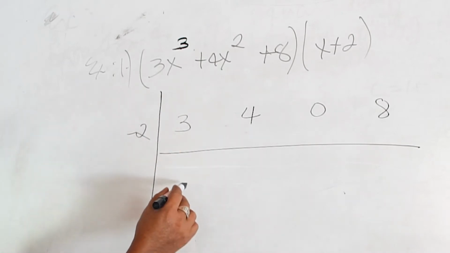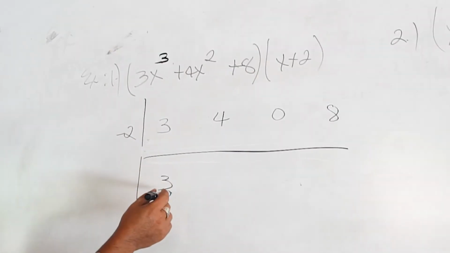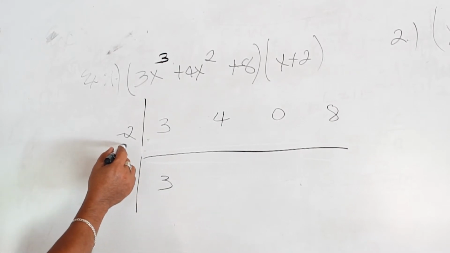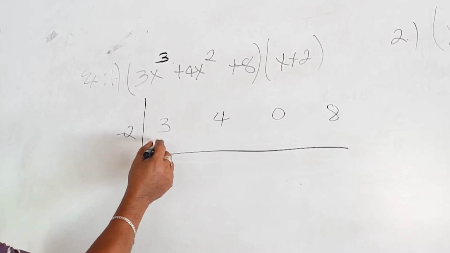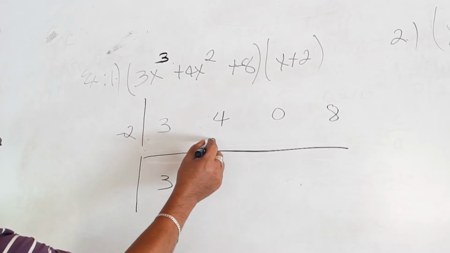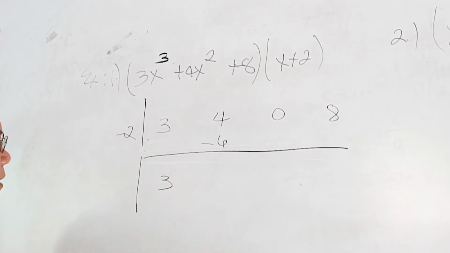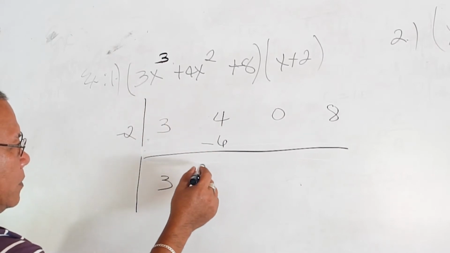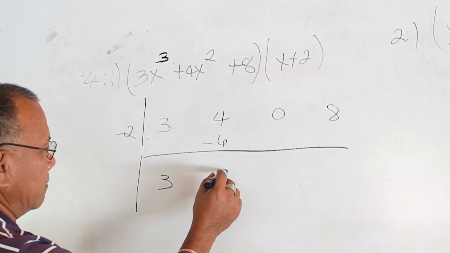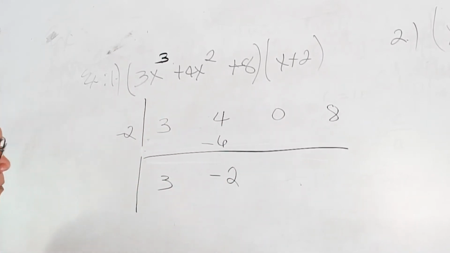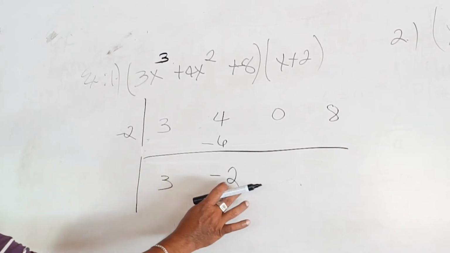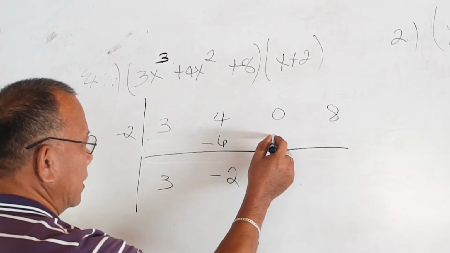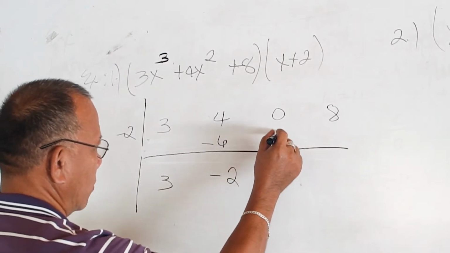Then bring down 3. Positive 3 multiplied by negative 2 is negative 6. Then add: positive 4 plus negative 6 gives negative 2. Next, multiply negative 2 times negative 2, the result is positive 4.